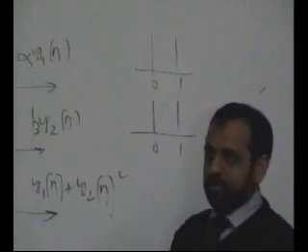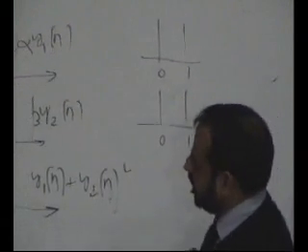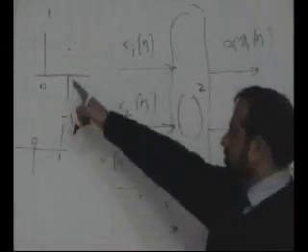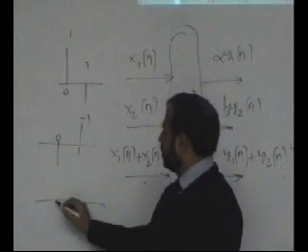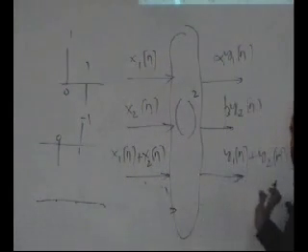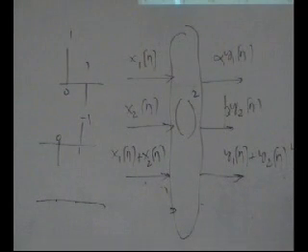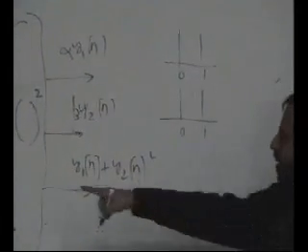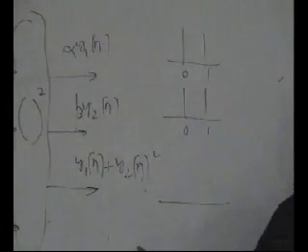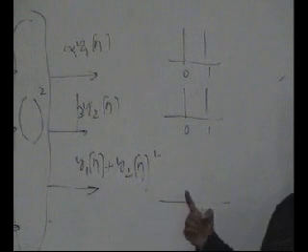Now to check, you need to add these two signals together on a sample by sample basis. What do you get? You get 0 0. If you add the outputs, what do you get? 2 2. But if you pass 0 0 to this squarer, what do you get? 0 0. So they are not matching.